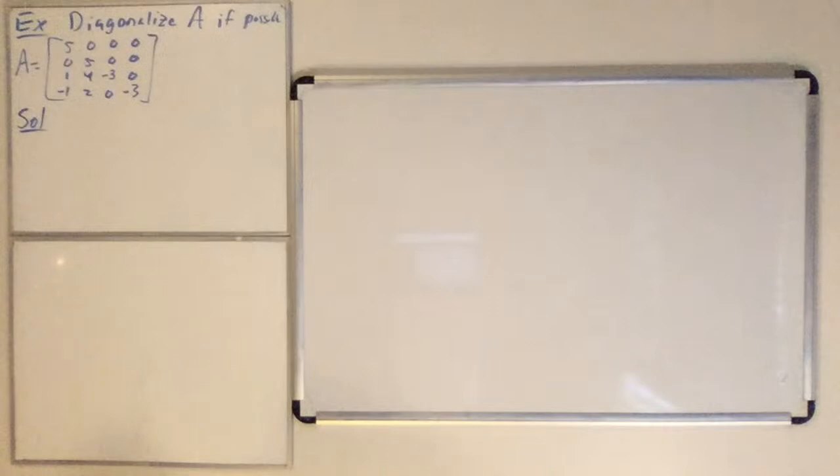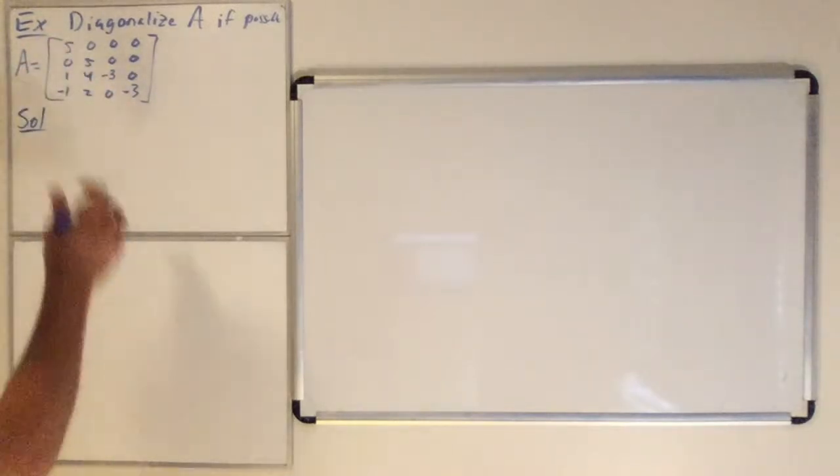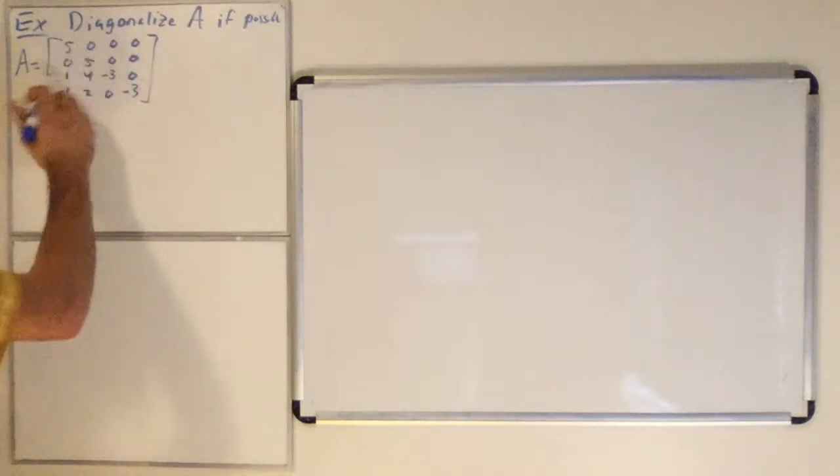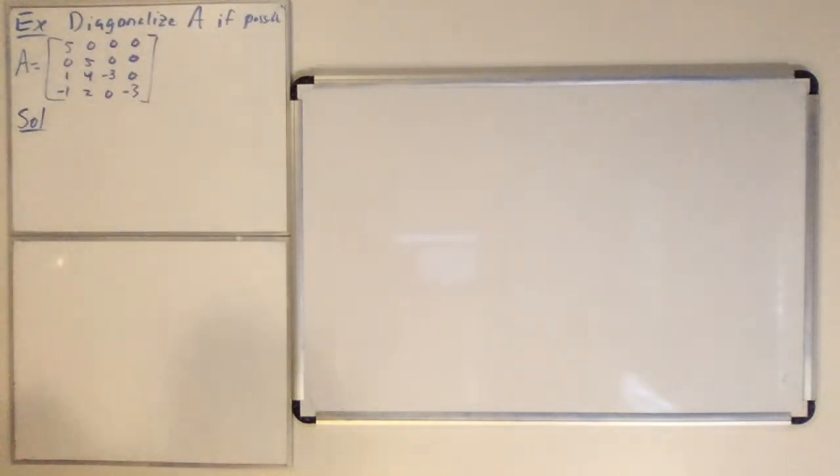Okay, so we want to diagonalize A if possible. So we start by finding the eigenvalues. Here we have a triangular matrix, right? It's not upper triangular. It's lower triangular, but still everything above the main diagonal is 0. So it's really easy to find the eigenvalues. They're just the entries on the main diagonal.